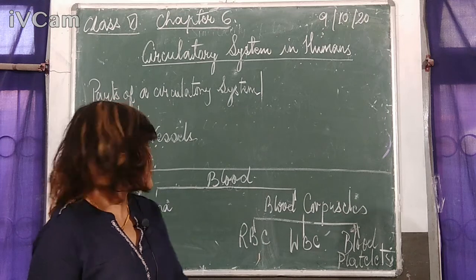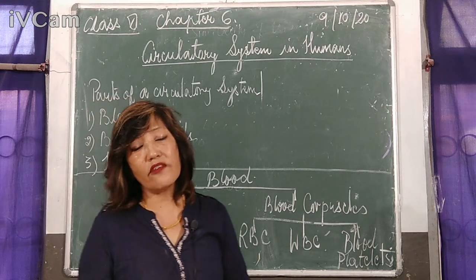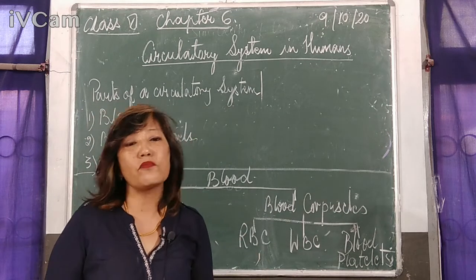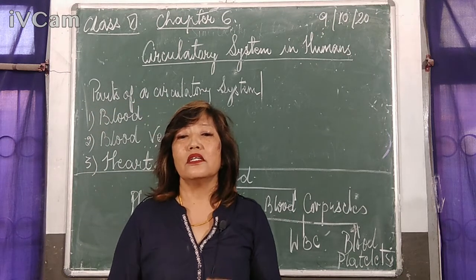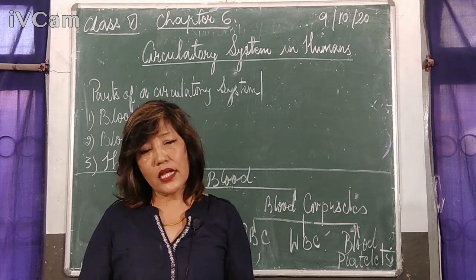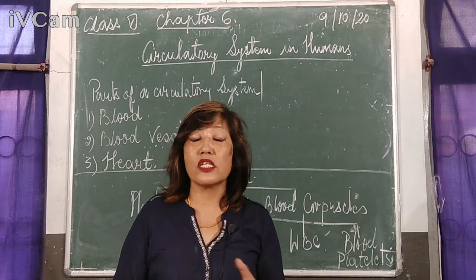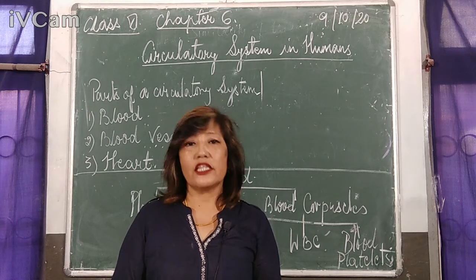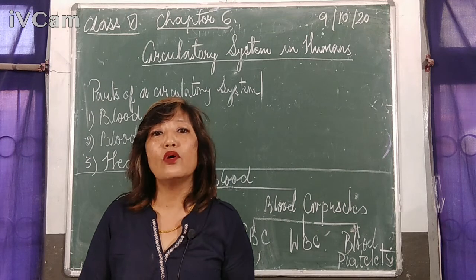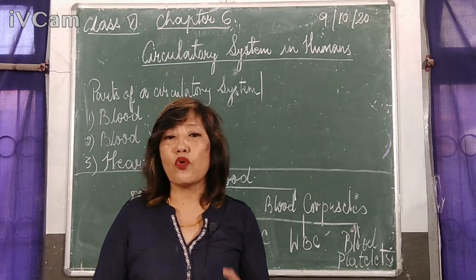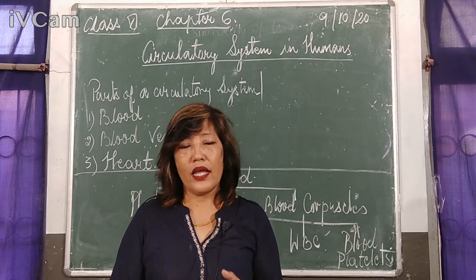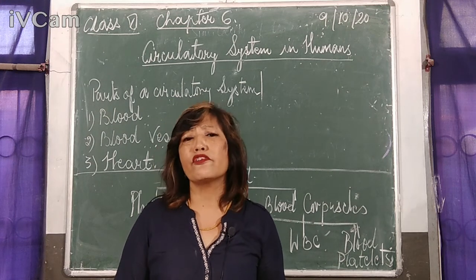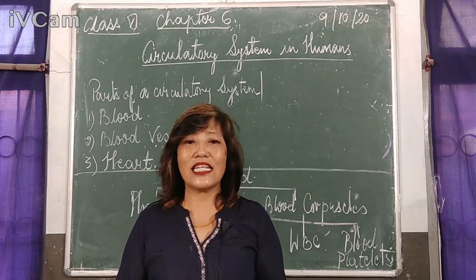Now we are going to discuss components of blood. The first one is plasma. Now plasma is the liquid form of the blood, and plasma is the single largest component of the blood. This plasma is pale yellow in color, and the total volume of plasma on an average normal adult is about 2.5 or 3 liters.